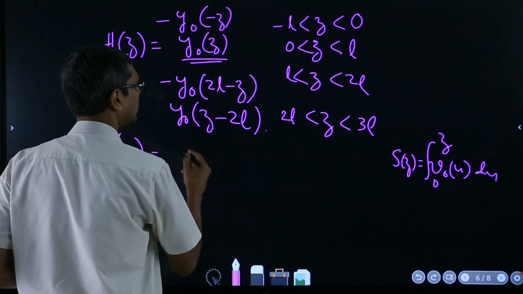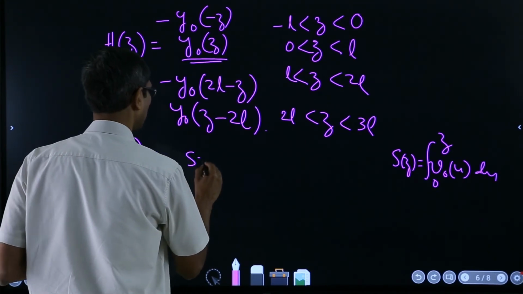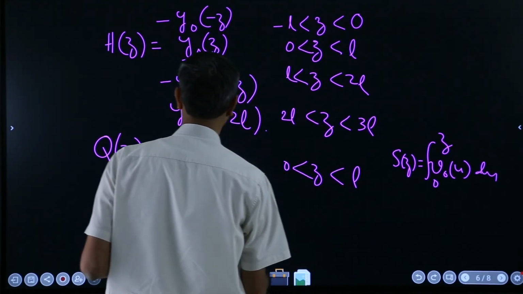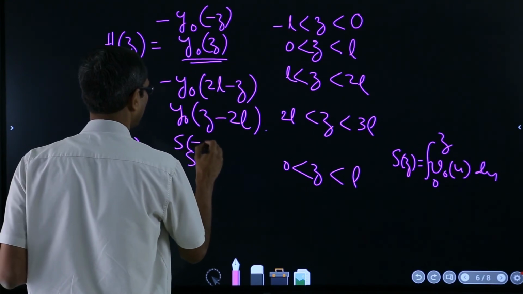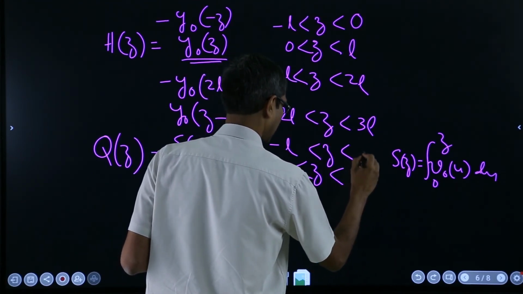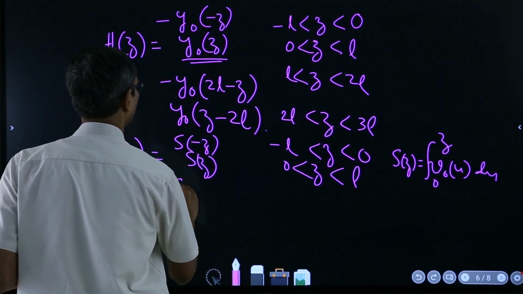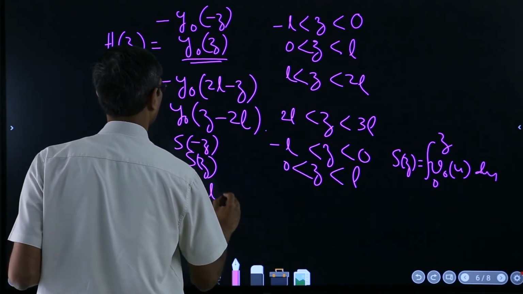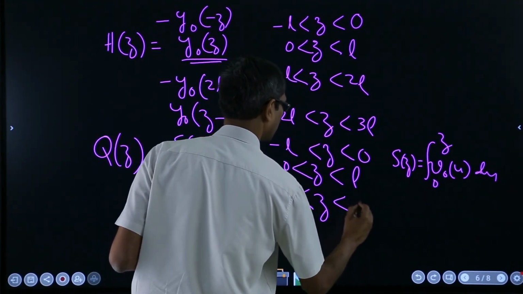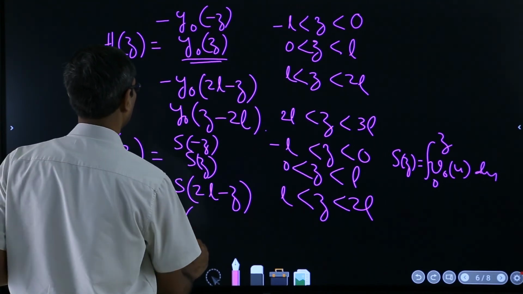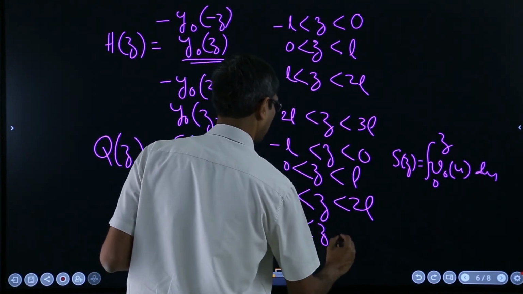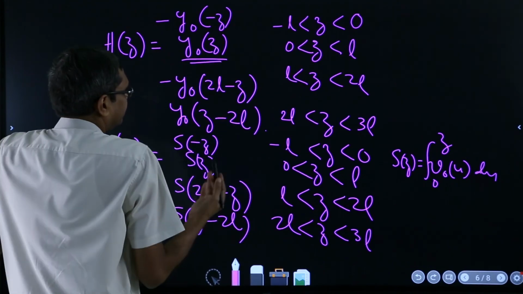And the Q(z) thing you can write as, again we have that thing, v naught of u du integral from 0 to z is S(z), this anyway is true. And in terms of S we will now define: S of z for z between 0 to L, S of minus z from minus L to 0, then S of 2L minus z from L to 2L, and S of z minus 2L from 2L to 3L, and in fact I don't have space.